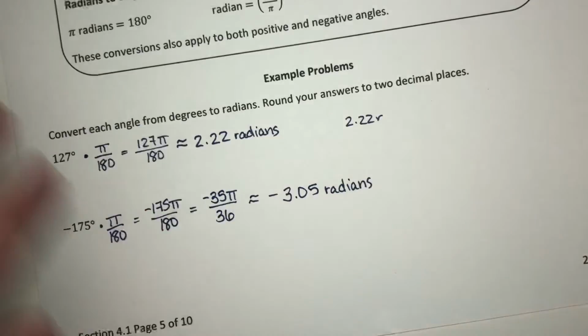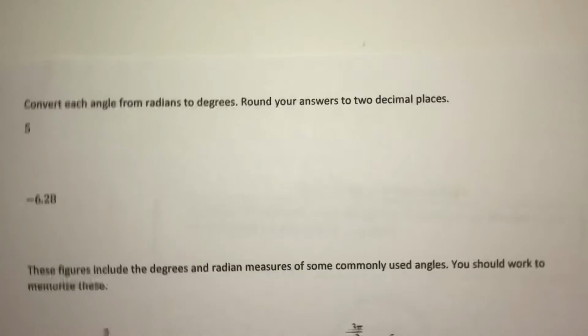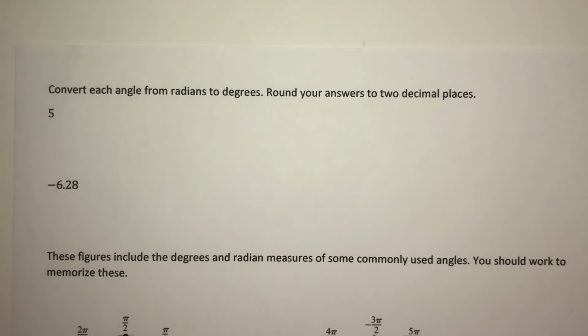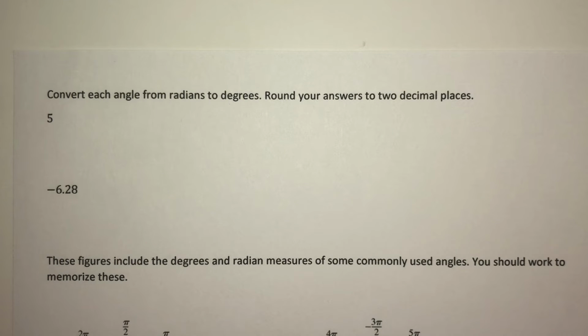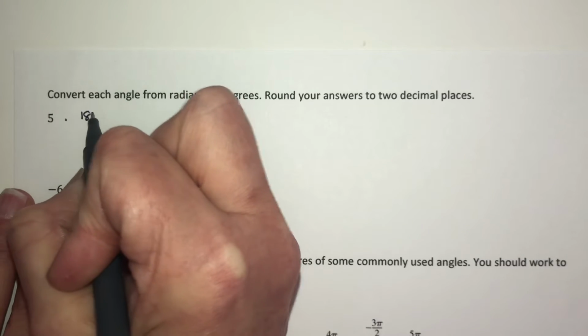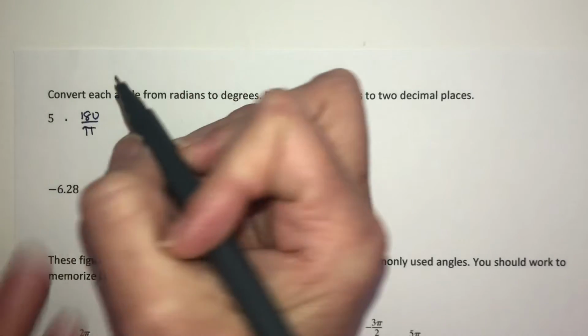Okay. Now we're going to convert radians into degrees. And all we do is reverse what we multiply by. So when I was converting from degrees to radians, I multiplied by pi over 180. Here, I'm going to multiply by 180 over pi.